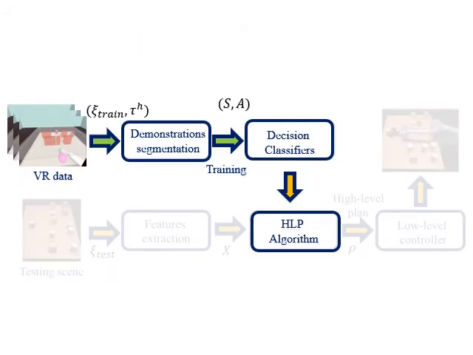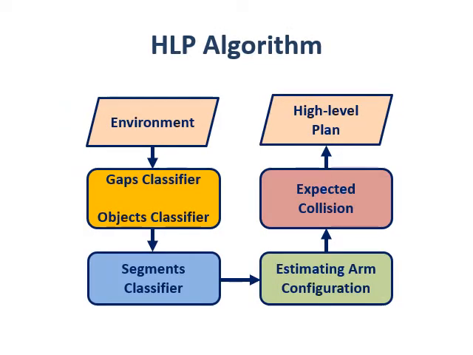The training phase is now completed, and we end up with trained classifier models that are the building blocks of the HLP algorithm. The algorithm is run in the testing phase.